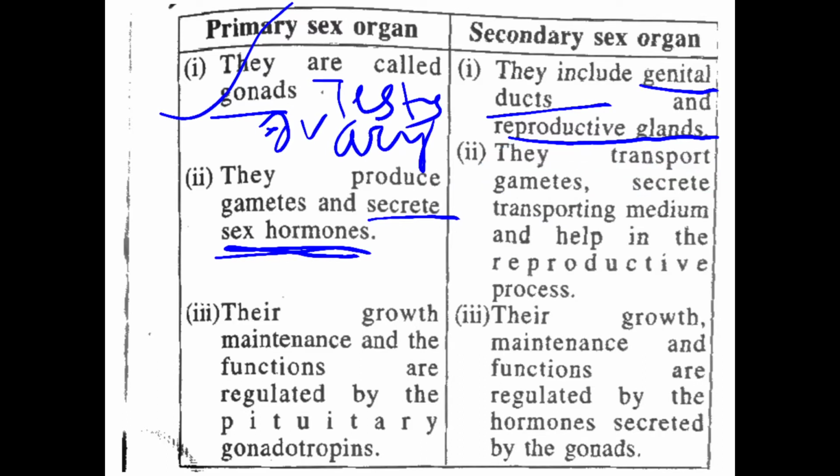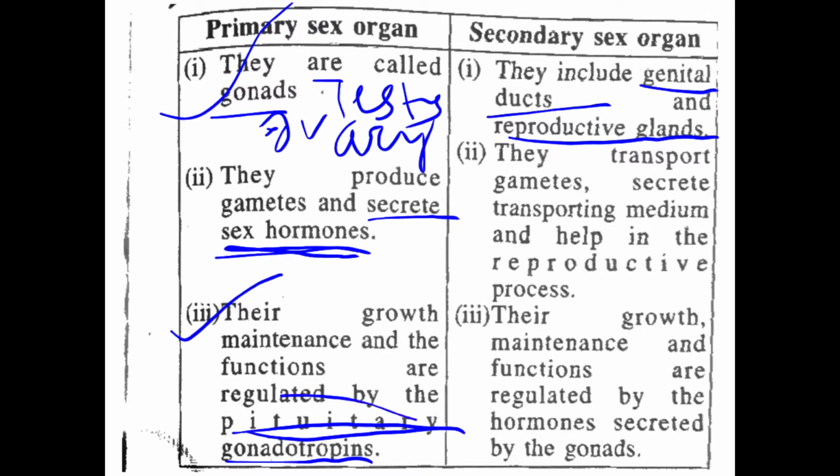Okay. Then primary sex organ growth and maintenance. The growth and maintenance of primary sex organs and their functions are regulated by pituitary gonadotropins. These primary sex organs' growth, maintenance and function are only regulated by the pituitary gonadotropins.